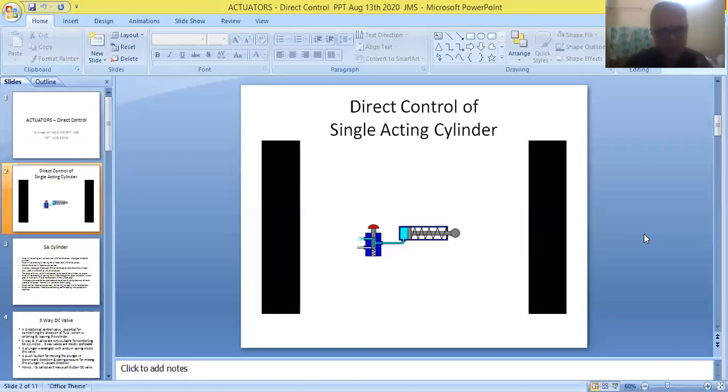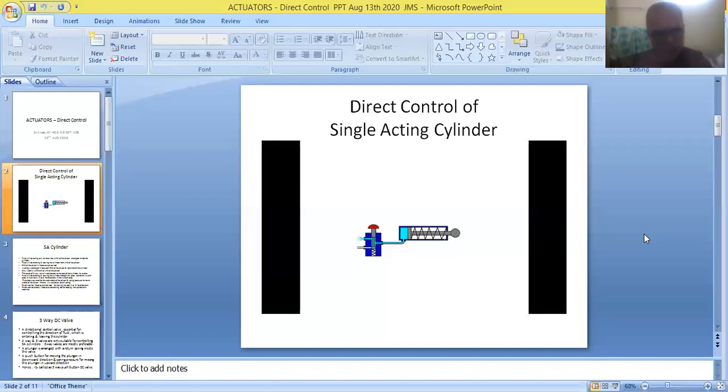Friends, if the cylinder is used in a hydraulic circuit, it is called a hydraulic cylinder. If it is used in a pneumatic circuit, it is called an air cylinder. Similarly, if this valve is used in a hydraulic circuit, it is called a hydraulic DC valve, and if it is used in a pneumatic circuit, it is called a pneumatic DC valve.